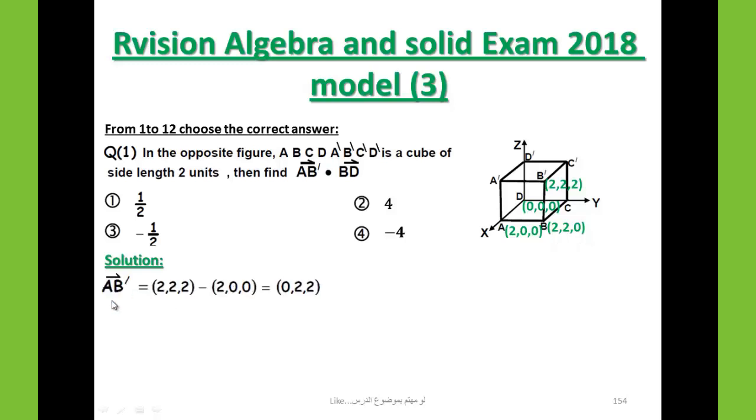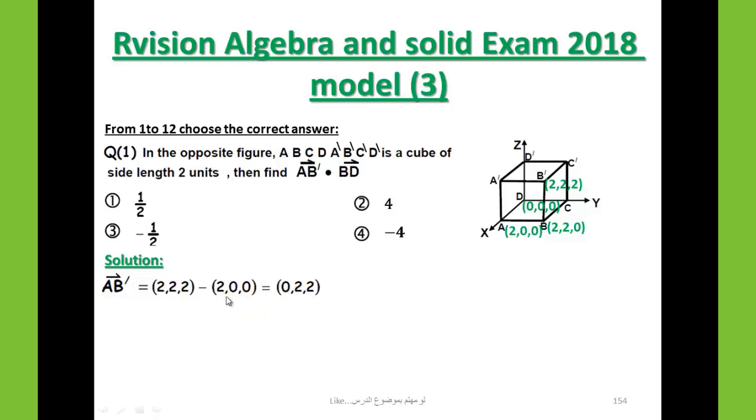Now A B dash equals B dash minus A, equals B dash 2, 2, 2 minus A 2, 0, 0. So 2 minus 2 equals 0, 2 minus 0 equals 2, 2 minus 0 equals 2.